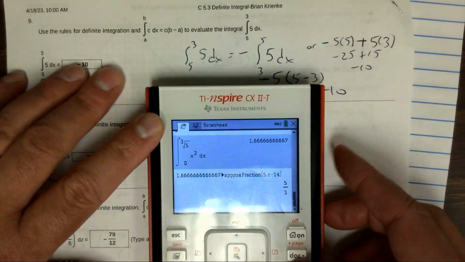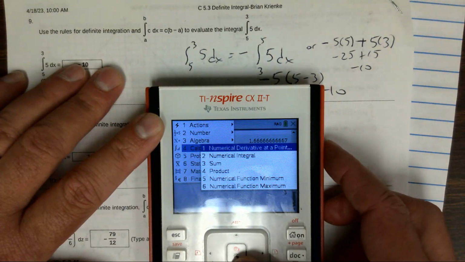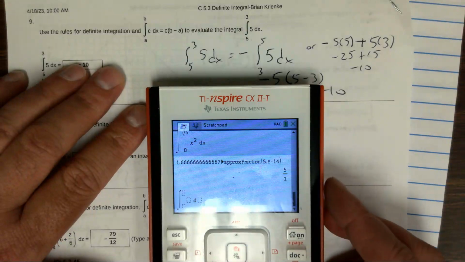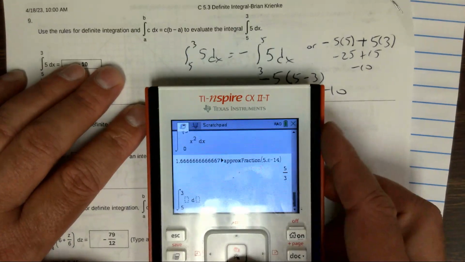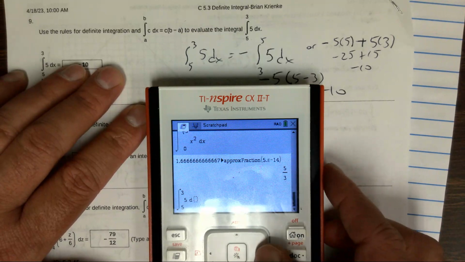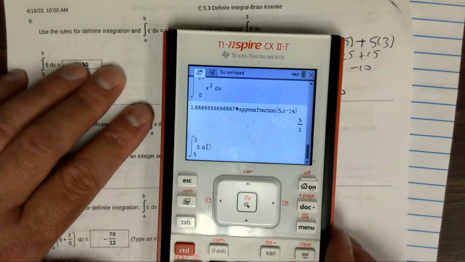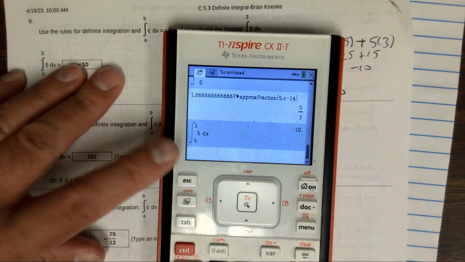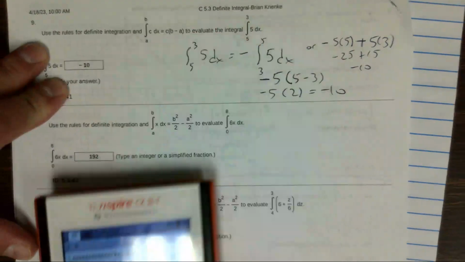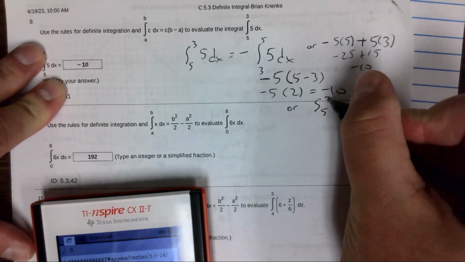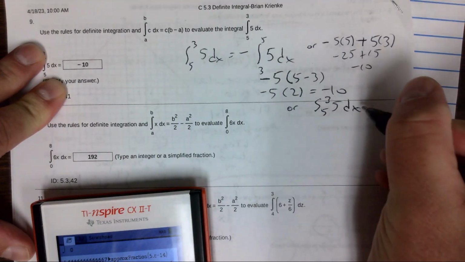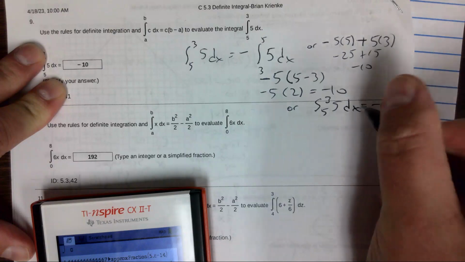If we do calculus, numerical integral, and let's just say 5 to 3 of 5 dx, then it gives you negative 10. So this was or the integral 5 to 3 of 5 dx equal negative 10.